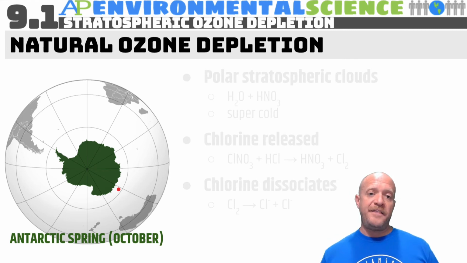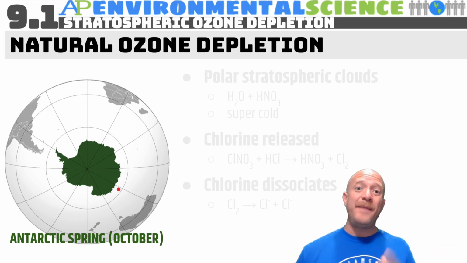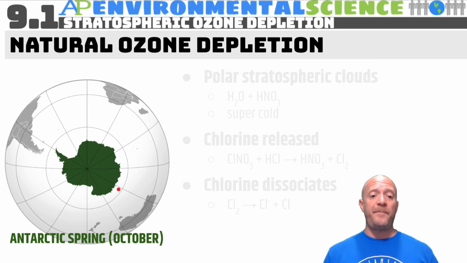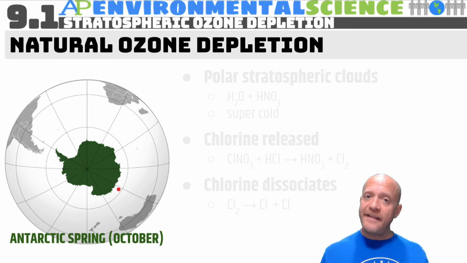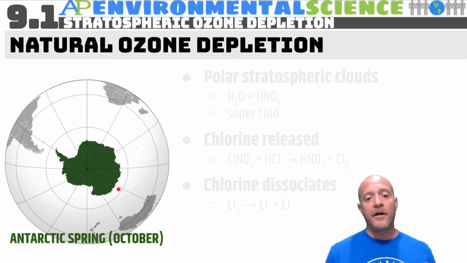And the chlorofluorocarbons helped to exacerbate that. They made it worse, and the hole would get bigger during Antarctic spring. So naturally, there is a slight thinning of the ozone layer during Antarctic spring, which is October. Our spring is obviously in March and April. This is the southern hemisphere, so it is reversed.